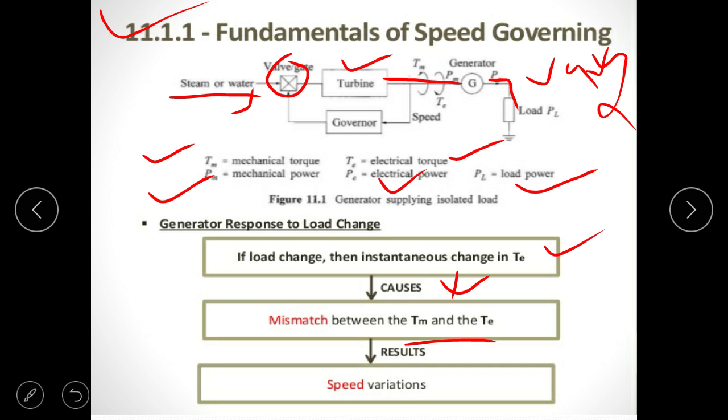It means when there is a sudden change in load, then Te of the machine is affected, which affects Tm, the torque of turbine or mechanical torque, and results in variation in speed.